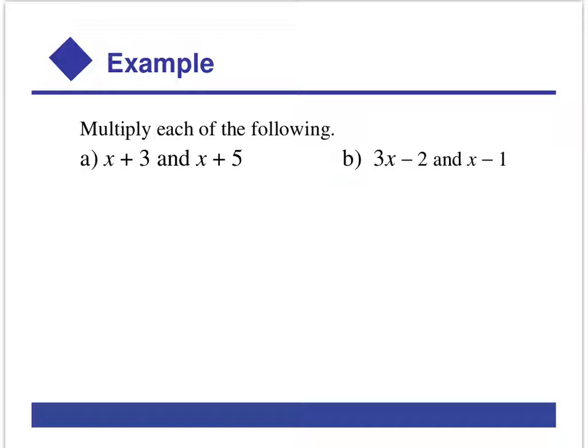Okay, on these, we're going to multiply these two items together. Since they both have an x in there, you can do it a couple of different ways. The way I do it is I'm just going to show you FOIL, and we're going to get to it a little bit later, but it's first, outer, inner, last.